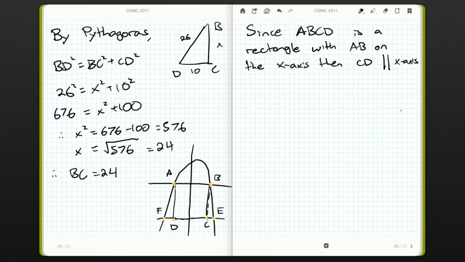Okay, nice little notation for parallel. So C, D, E, and F will all have the same y-coordinate.